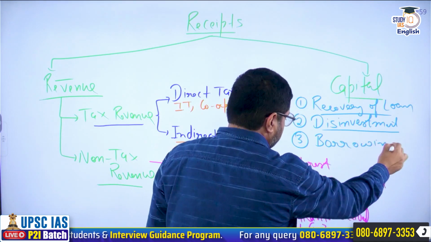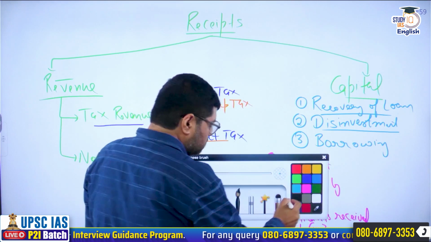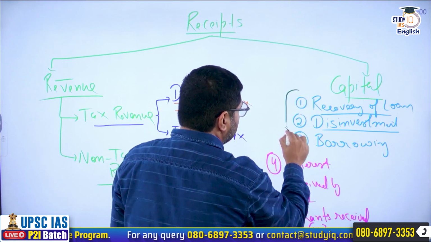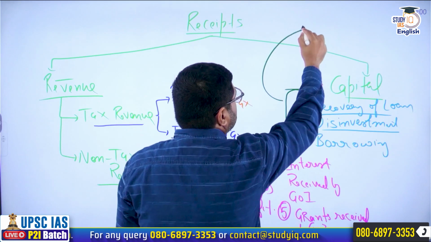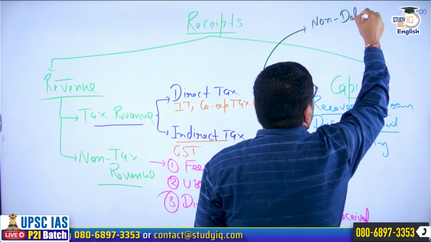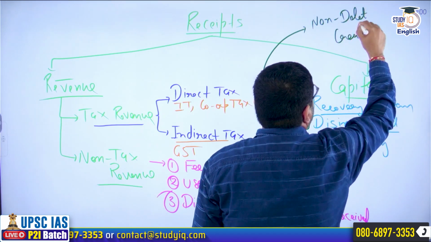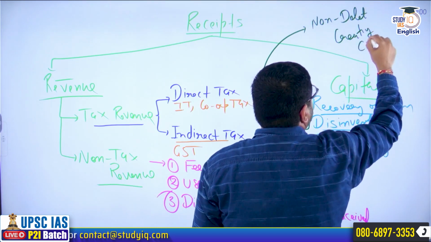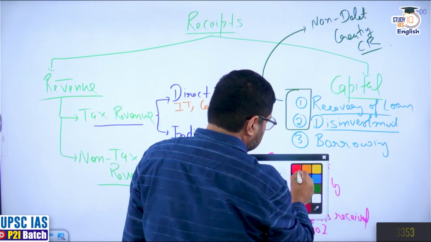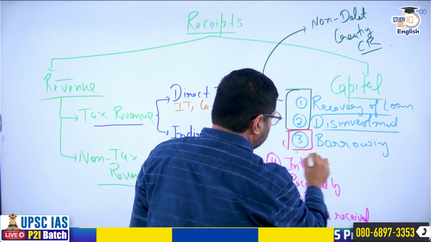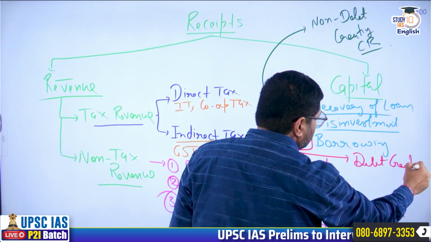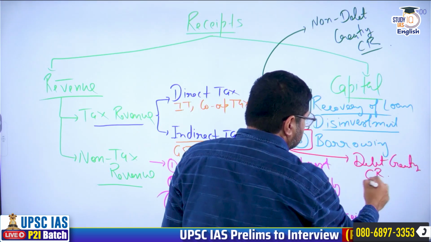Now here, these first two are regarded as non-debt creating capital receipt, whereas the third one is regarded as debt creating capital receipt.